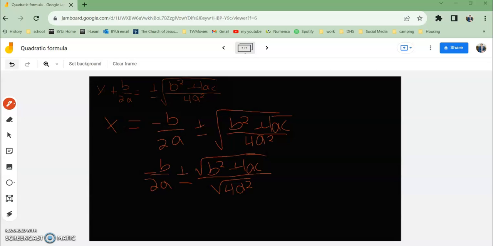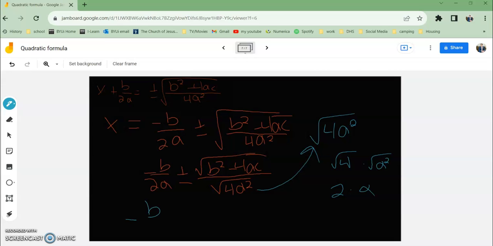Oh, and let's do that over here, this thing on the bottom. So square root of 4a squared. That should be the same thing as square root of 4 times the square root of a squared. Oh, so that's just 2 times a.